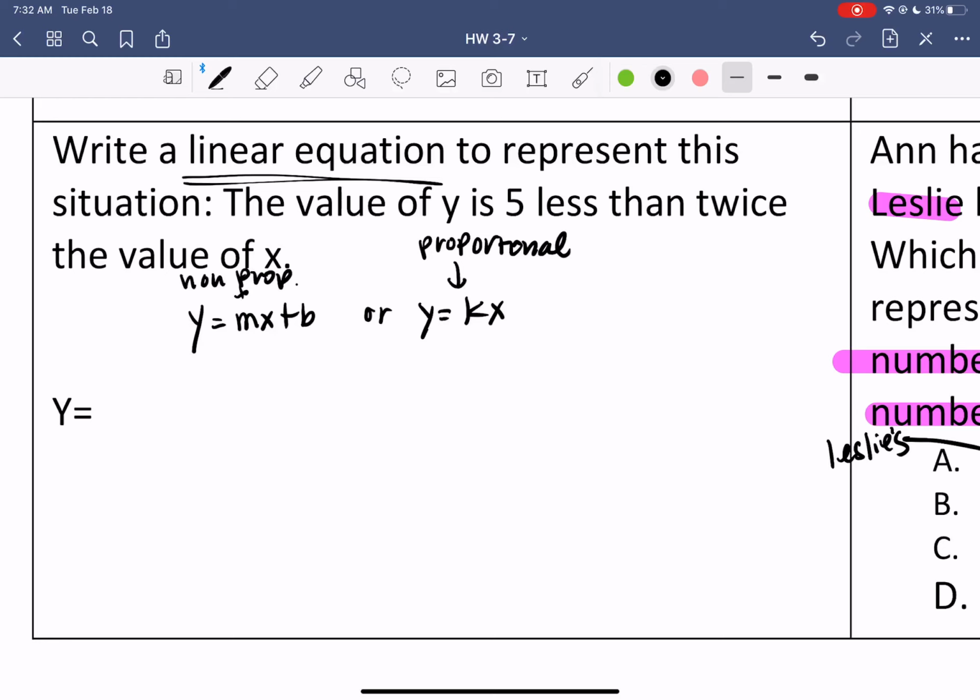So we have the value of y equals 5 less than twice the value of x. So we have twice the value of x, we're going to have a 2x, and then we're going to have 5 less than that.